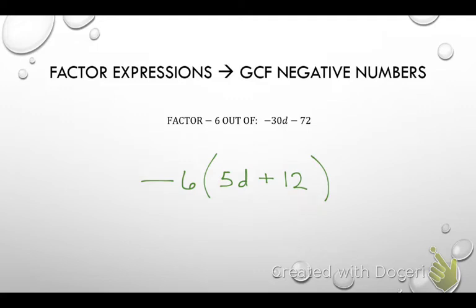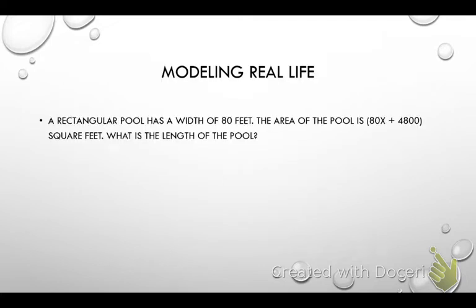Okay, you should, because, no, he got one thing wrong. Negative 6 times 5d plus 12. No, wait, he did it right. Negative 6 times 5d is negative 30d, okay? So again, in reverse, negative 30 divided by negative 6 is positive 5. Negative 72 divided by negative 6 is positive 12. This is correct. All right?